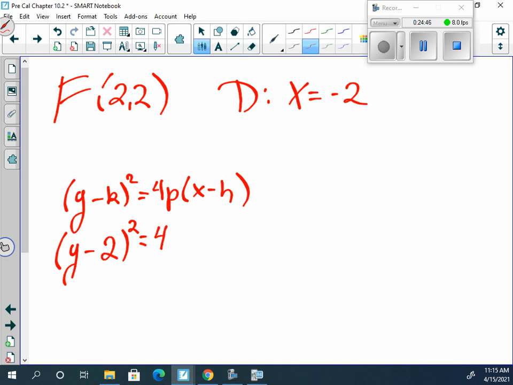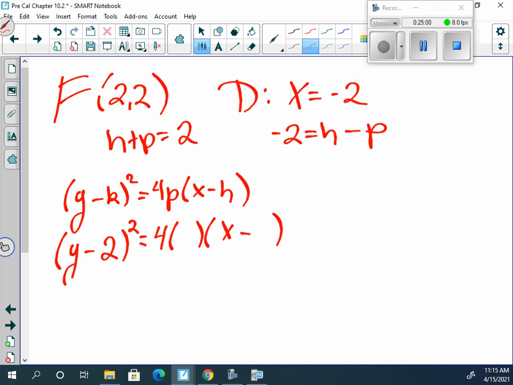But it's 4 times p times x minus h. This here is h plus p is equal to 2. Here, negative 2 is equal to h minus p. Yeah, for some reason I wrote k twice on the board. I'm glad I looked back at that.